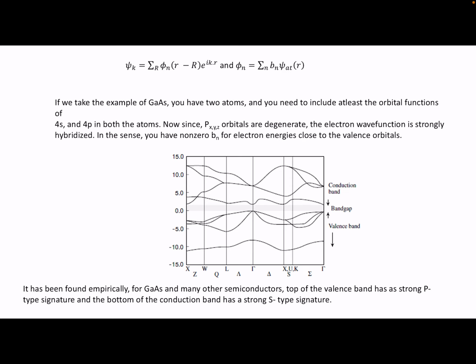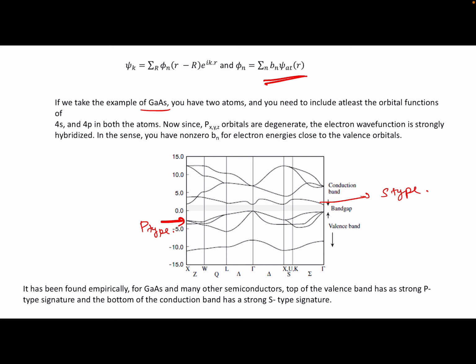So when we take the example of gallium arsenide, it was shown empirically as well as by several calculations that the valence band typically contains p-type contributions and the conduction band has s-type contributions, right? So what we mean is you have this summation of b and psi atomic orbitals, right?